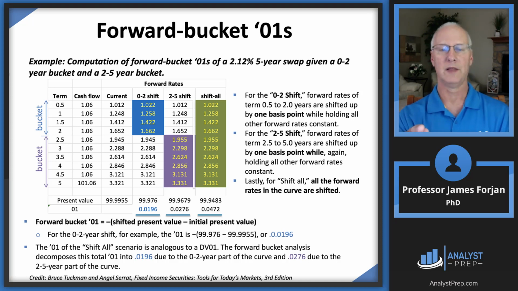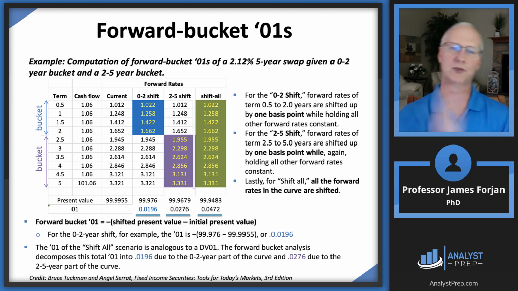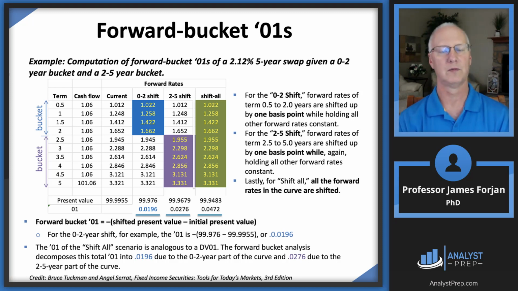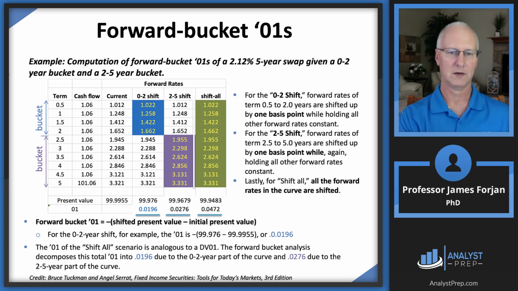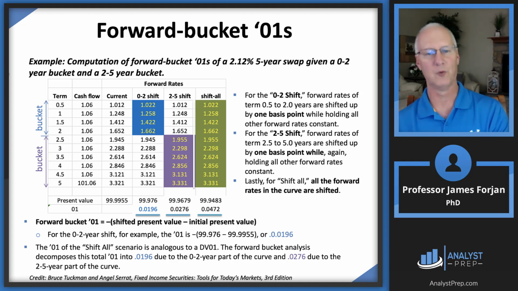Now note that the 2 to 5 bucket in the next column, those are still the same as the current forward rates. All right, now let's look at the 2 to 5 bucket. What we're going to do is take the current forward rate and add 0.0001 to it.